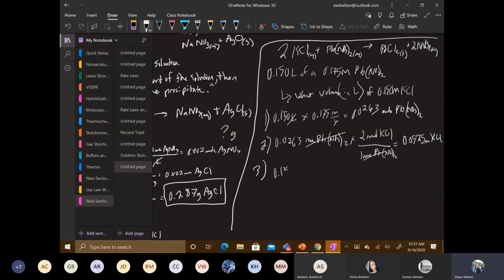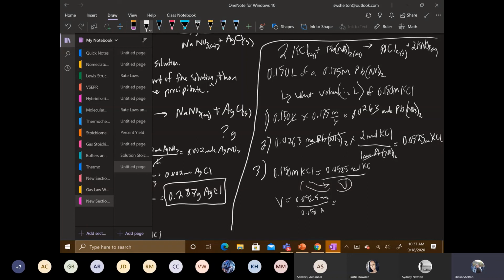Now step 3 will take the moles of KCl and the molarity and solve for volume. So we're going to have 0.150 molar KCl is equal to 0.0525 moles of KCl divided by the volume. We're going to solve for volume here, so all I do is that crisscross rule that I was telling you about earlier. Volume is equal to 0.0525 moles divided by 0.150 molar.